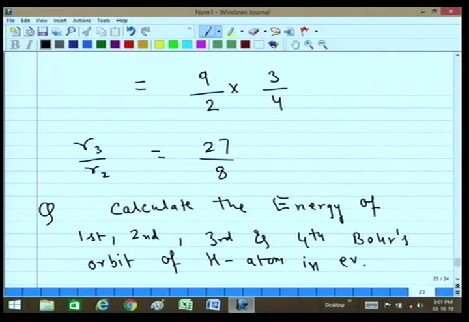Senapati, are you there? Just attempt this question, then I'm writing the answer, then you have to just check.